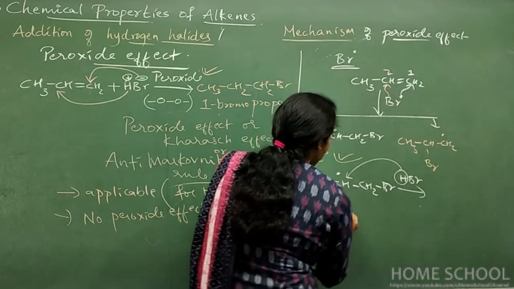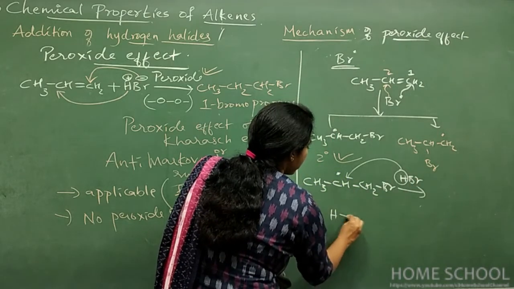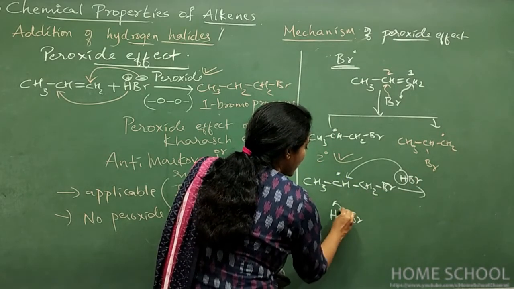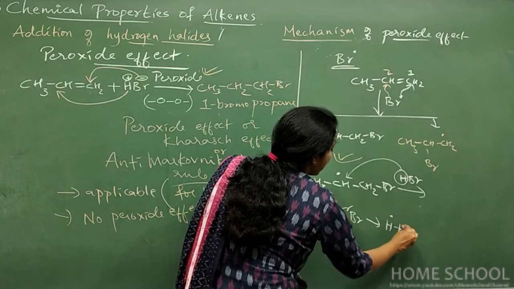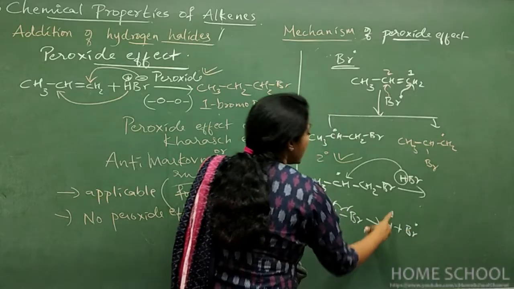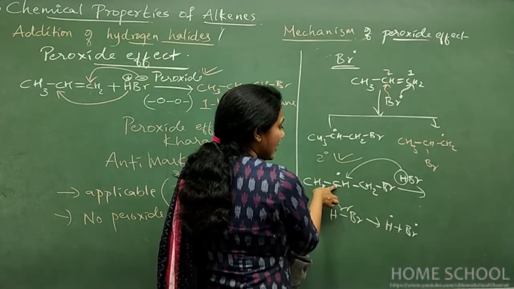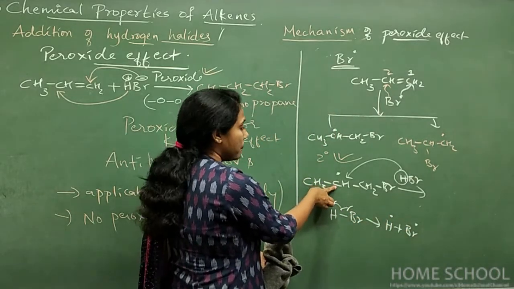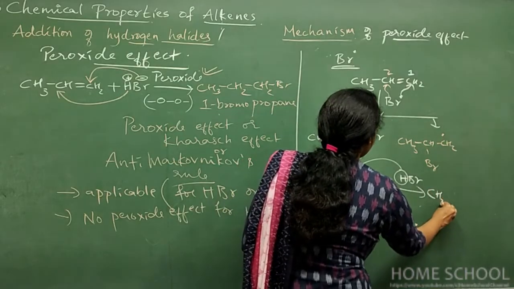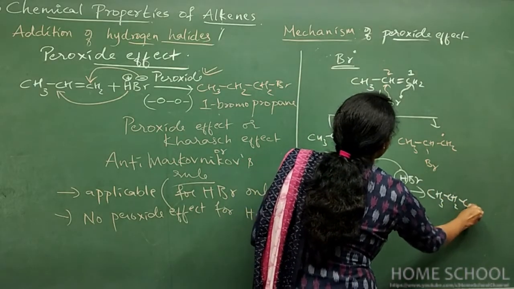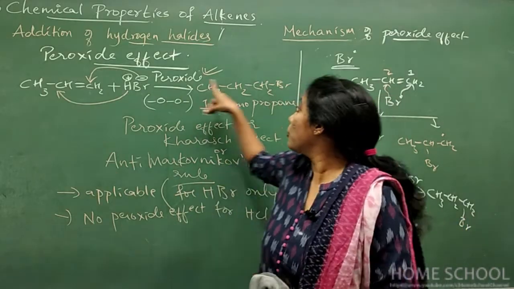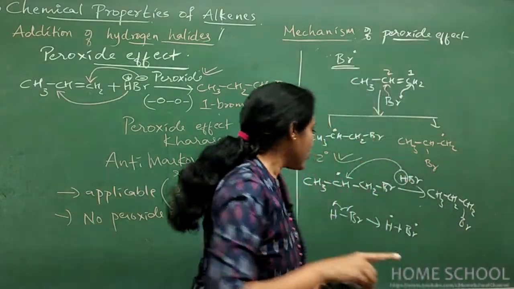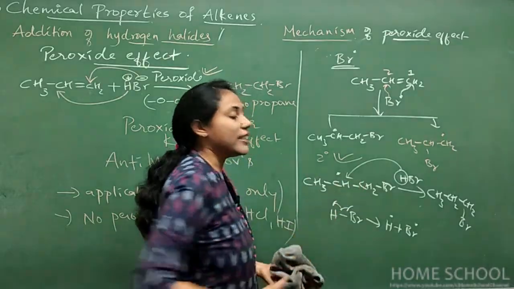This HBr undergoes homolysis, and after homolysis you get an H free radical and a Br free radical. That H free radical attacks this carbon, so you get CH3, CH2, CH2Br. That's how you get 1-bromopropane. This is how the reaction takes place.